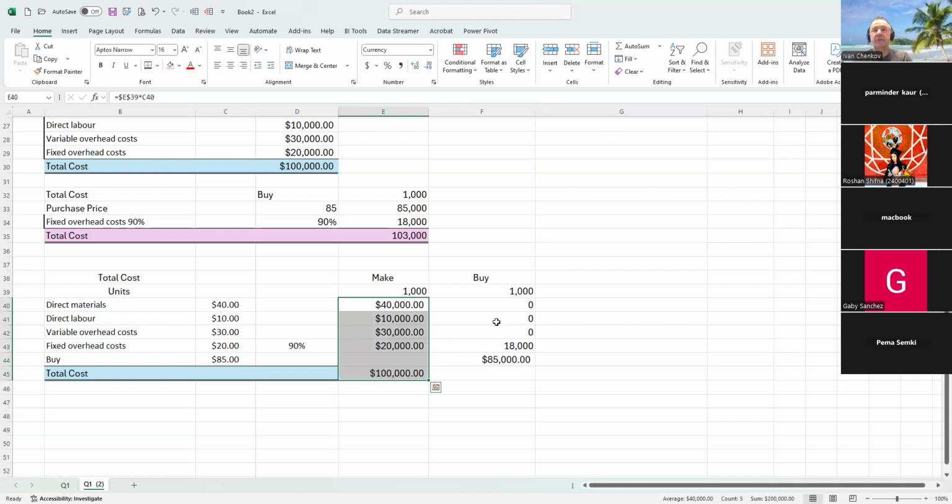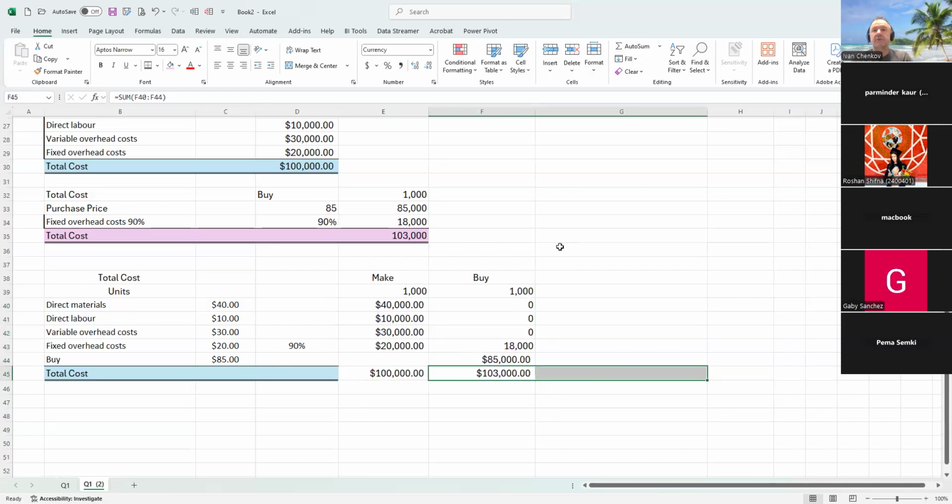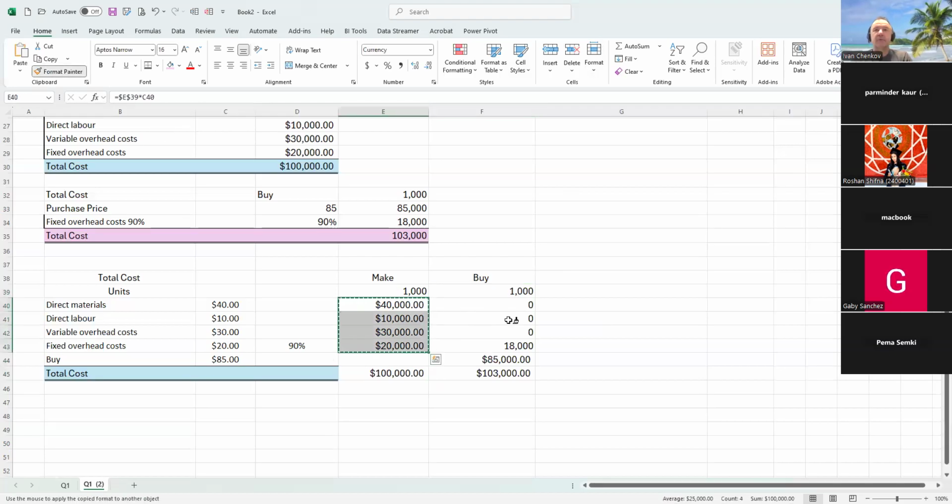We can see that making it is going to cost us $100,000, and buying it is going to cost us $103,000. Let's format those here. And that will be 0, obviously.